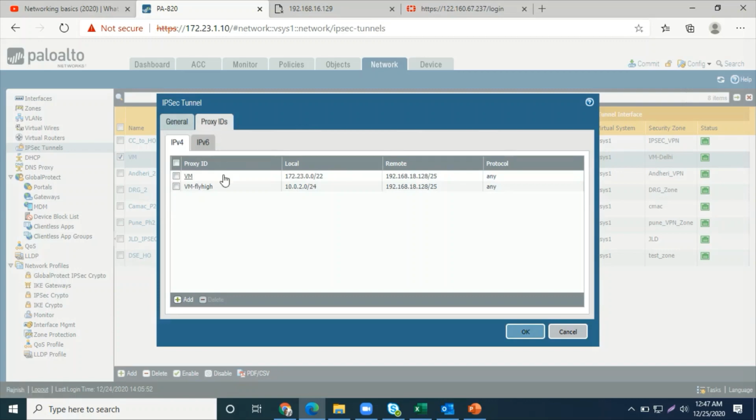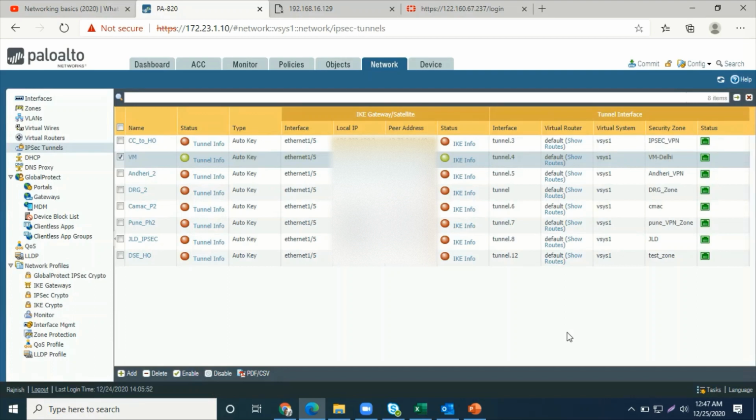Proxy ID means defining the interesting traffic: what traffic will pass in this tunnel. So we define the local subnet and remote subnet, simply, just like an access list, and the tunnel is up.